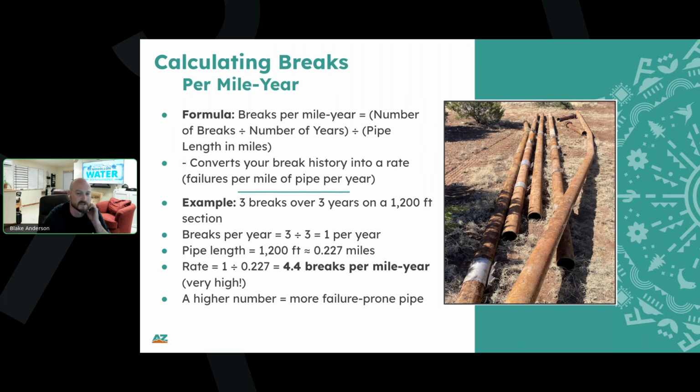And the true benchmark is 11.1 breaks per 100 miles, but most small systems don't have that kind of pipe in the ground, so it can be so far off, unless you're in the city of Phoenix or something major, to really use numbers that large. But as I said, it comes out to 1.1 for every 10 miles. And so for a section like this, if you have 4.4 breaks per mile per year, that's 40 times the national average.